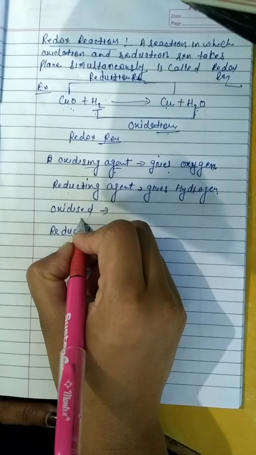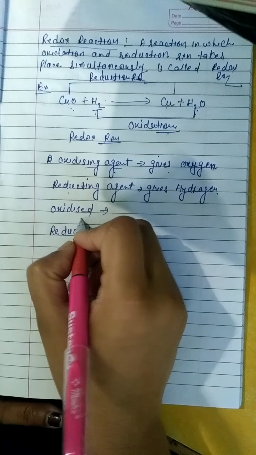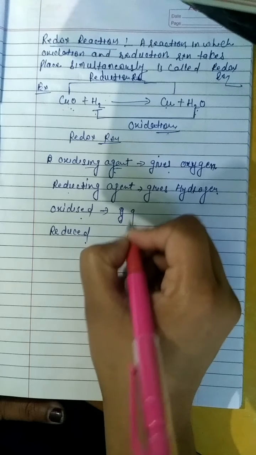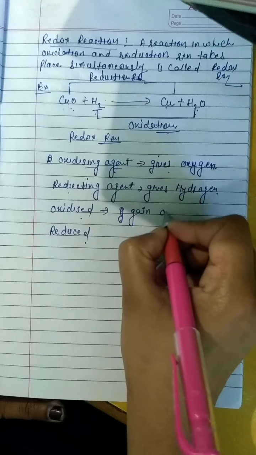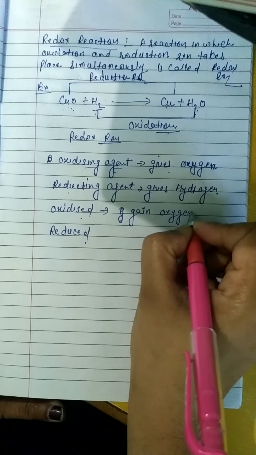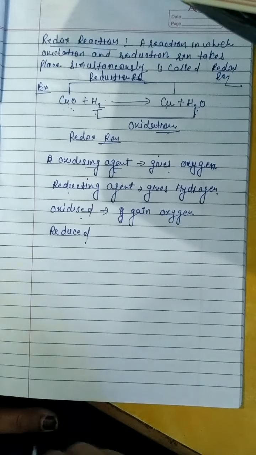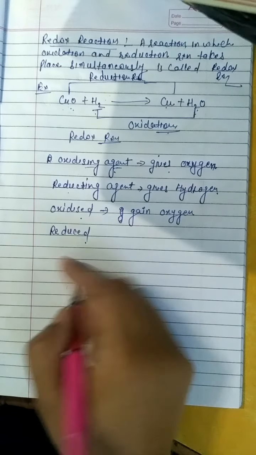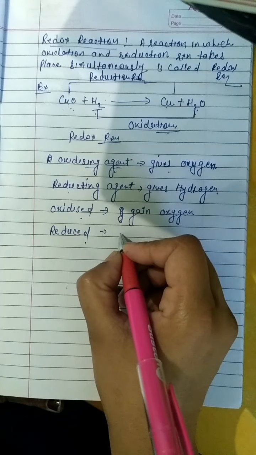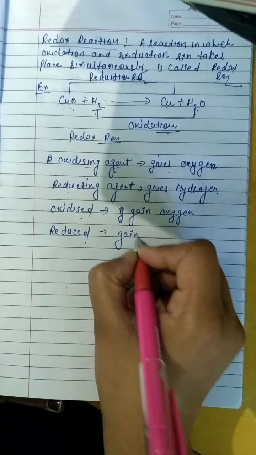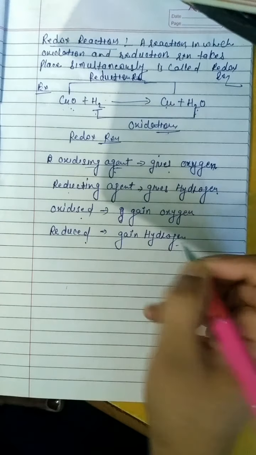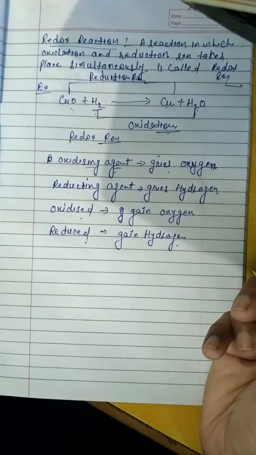Now oxidized is what? It means a substance that gain oxygen. That is called oxidized substance. Next one is a reduced, that gain hydrogen. That is called a reduced substance.